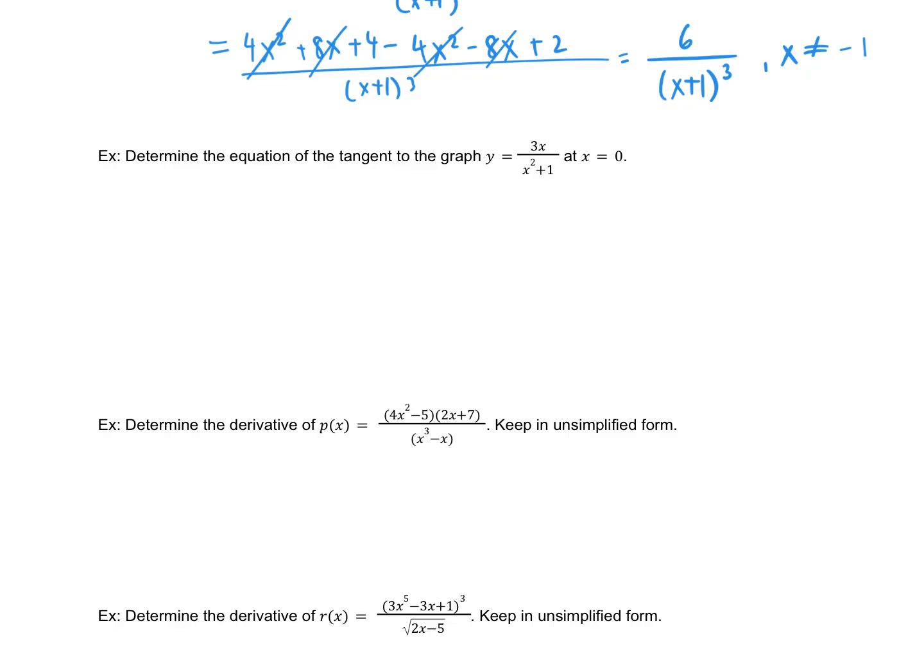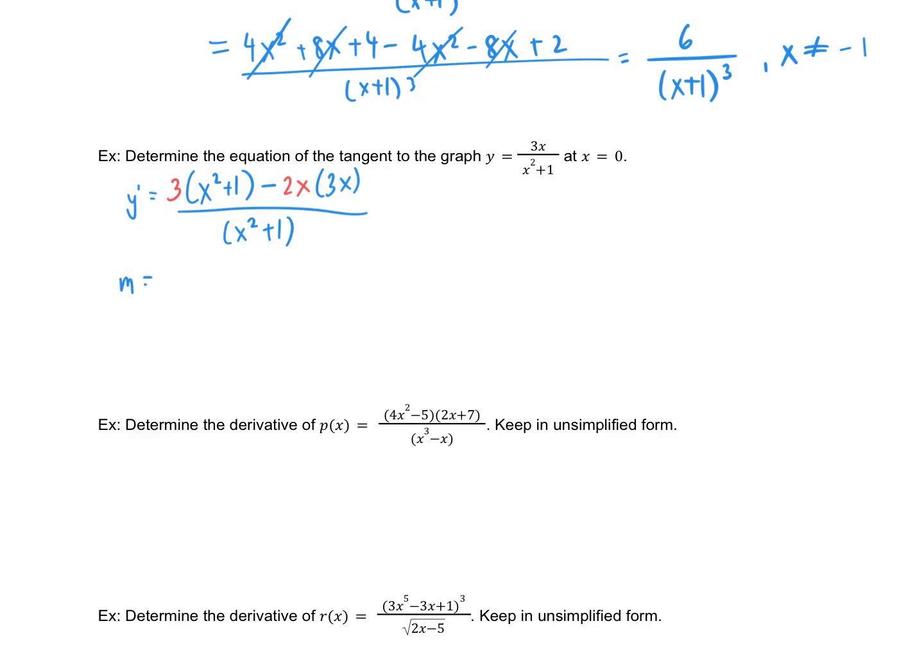So y prime, or I could write dy/dx, derivative of the numerator, copy paste the denominator, minus derivative of the denominator, copy paste the numerator, all over x squared plus 1. Now, I could technically leave it like this. I am not going to be setting the derivative equal to anything, so I could just set x equal to 0 here and be on my way.